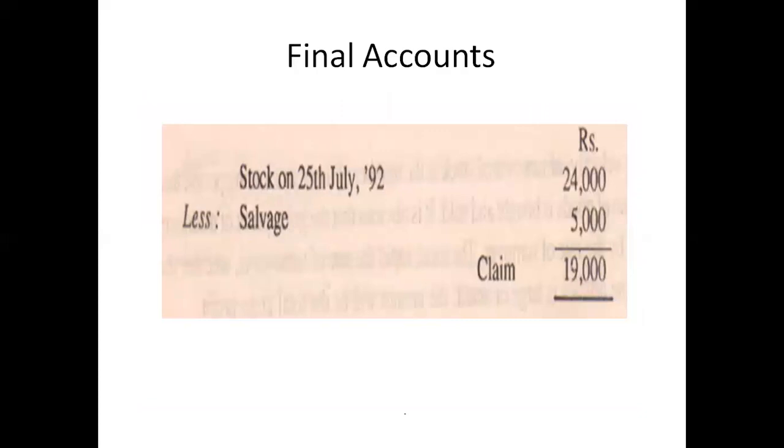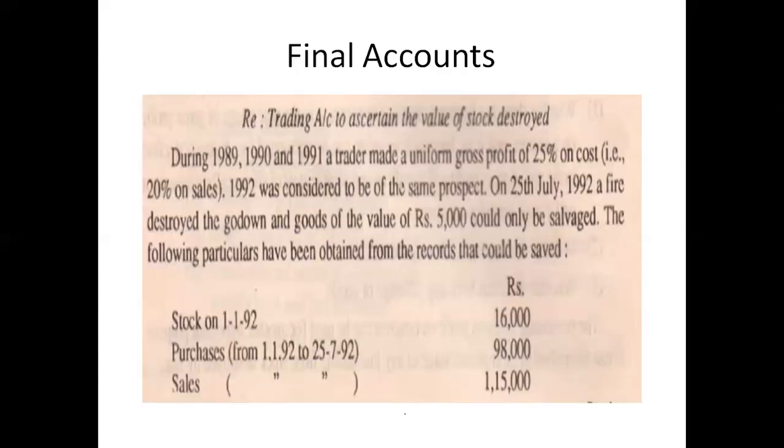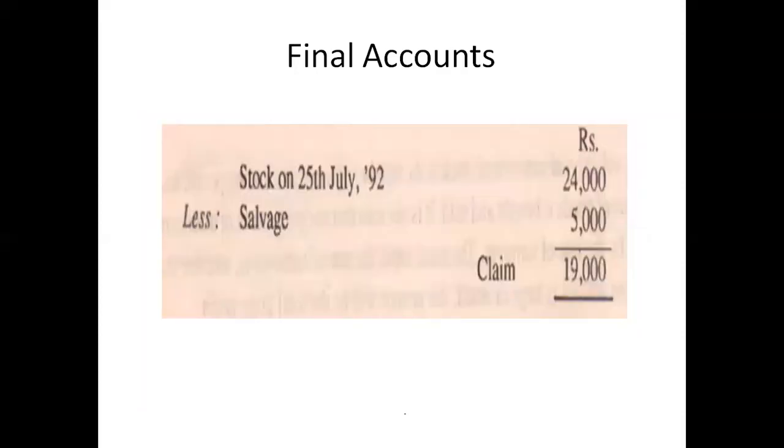Stock as on 25th July 92, from the records that had been obtained, was 24,000, less salvage only. According to this problem, goods of rupees 5,000 could only be salvaged, and the following particulars have been obtained. So the claim is rupees 19,000.